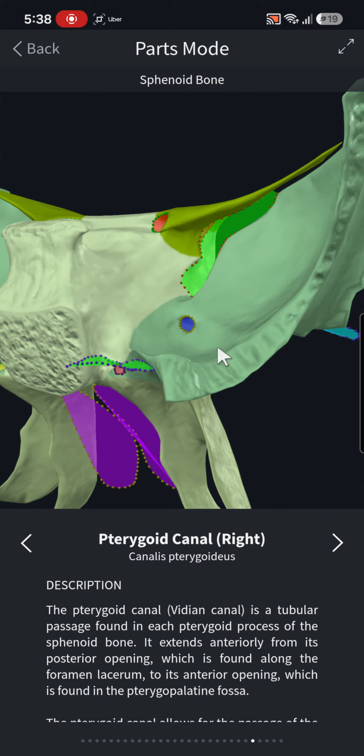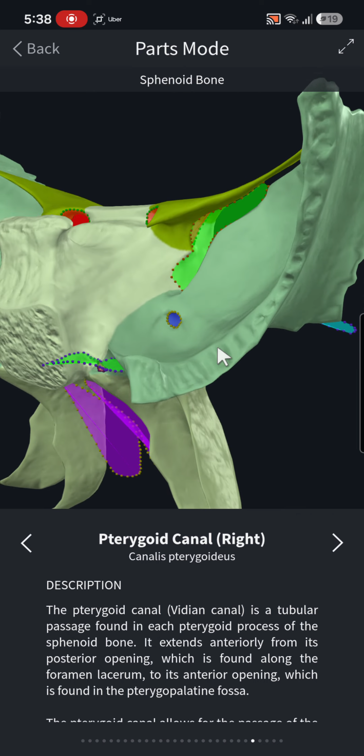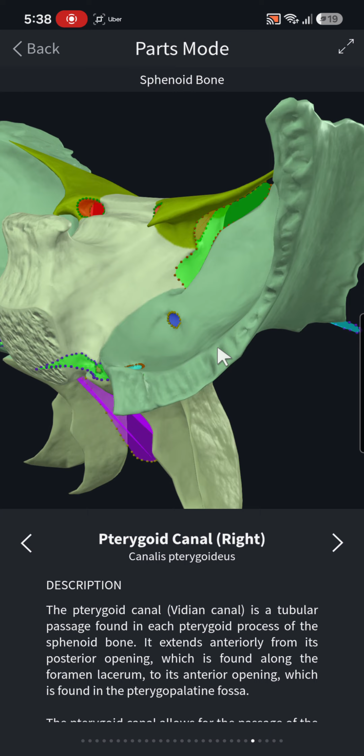If we want to visualize the carotid artery, it passes through here, through the petrous bone, and then gives off the Vidian artery, which enters here in the Vidian canal, and then goes upward and passes by the foramen lacerum, and then goes up into the cavernous sinus.